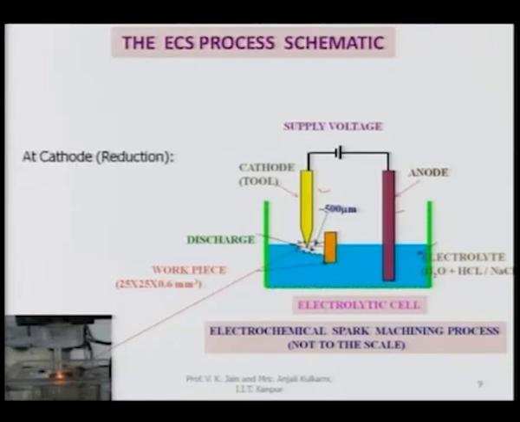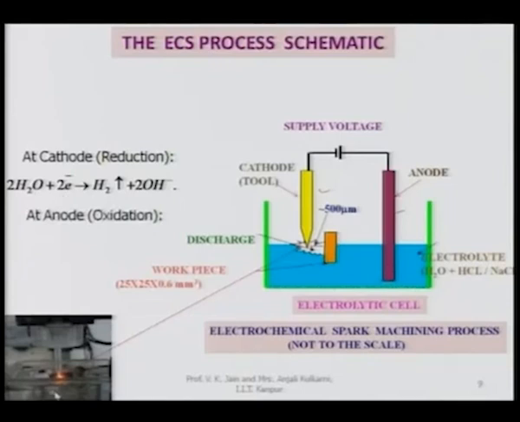Now, there are certain chemical reactions taking place. At the cathode, electrolysis takes place and you have 2 H2O plus 2 electrons giving hydrogen gas, which is evolved across which the sparking takes place, plus 2 OH minus ions.